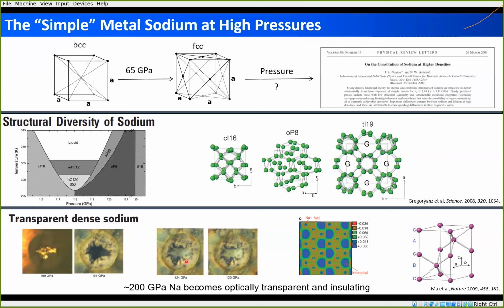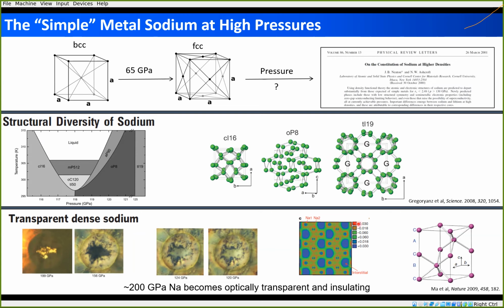And so most of us here know that one other real advance done by Neil Ashcroft was thinking about what types of electronic structures would happen to so-called simple metals if you put them under sufficient pressure.